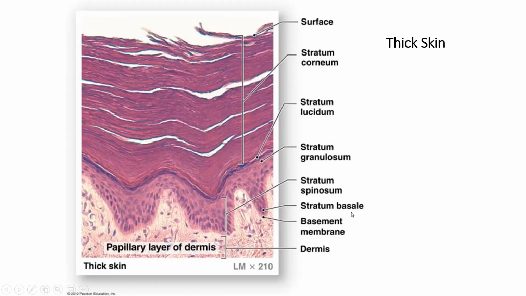Most of the skin, however, is comprised of thin skin, and in thin skin, there is one less layer. It does not have a stratum lucidum. And so thin skin, from superficial to deep, will only have a stratum corneum, a stratum granulosum, a stratum spinosum, and a stratum basale, also known as a stratum germinativum.